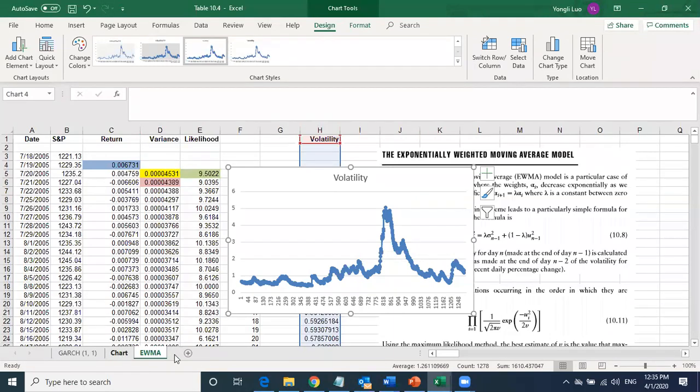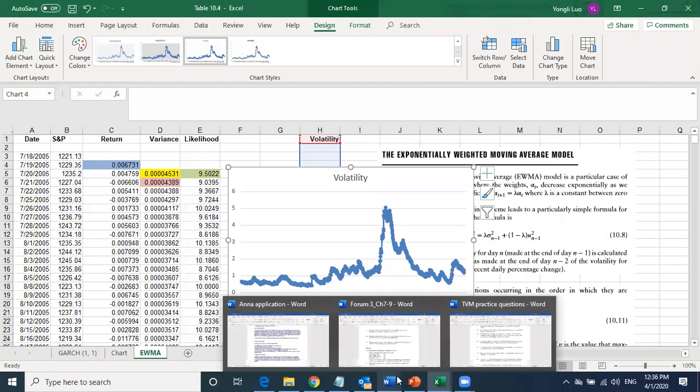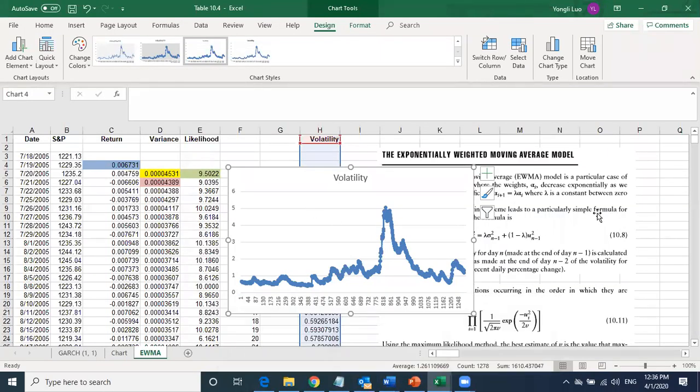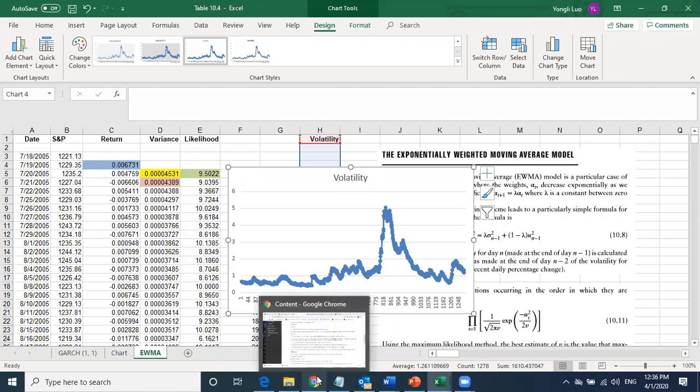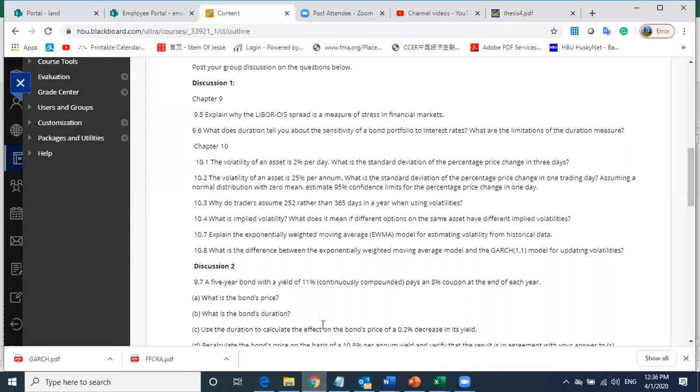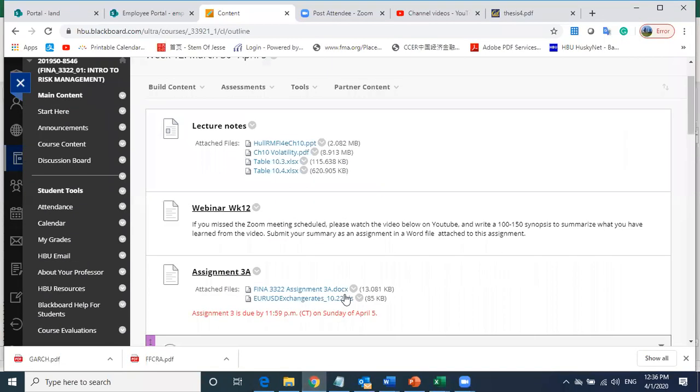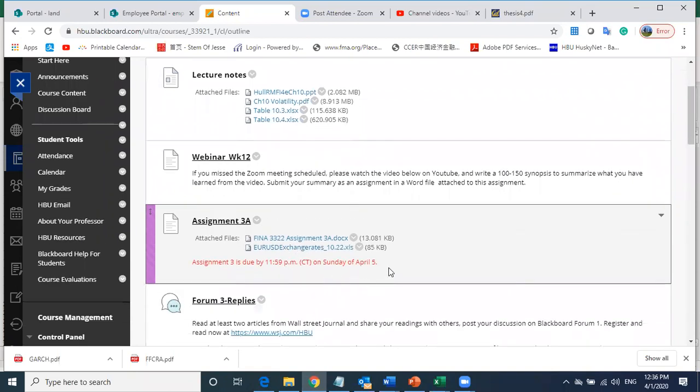So you have a homework, which is to estimate the foreign exchange volatility. It's quite similar to the type of method we taught today. This is Assignment 3A, due by this coming Sunday.